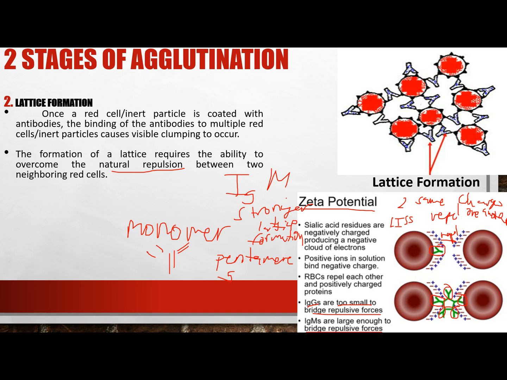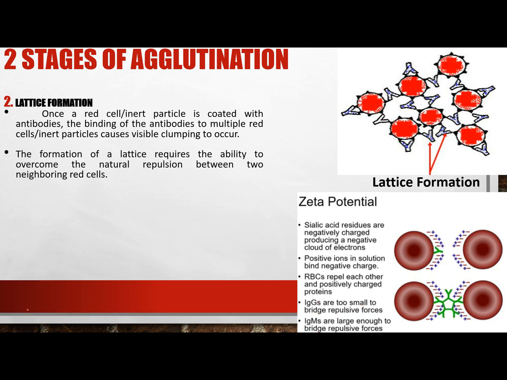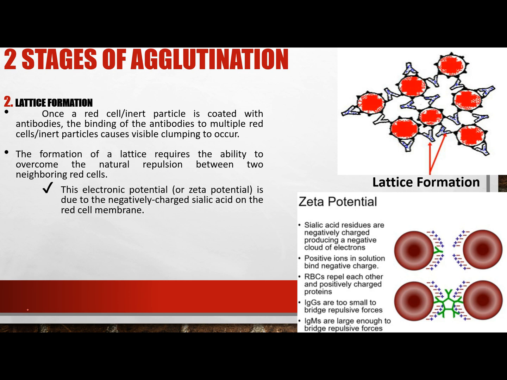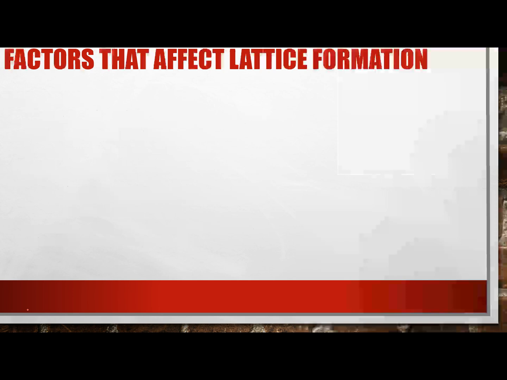Between IgG and IgM, IgM produces a stronger lattice formation due to being a pentamer, due to having a large size. Now, this electronic potential or zeta potential is due to the negatively charged sialic acid on the RBC membrane. In a saline solution, the zeta potential also depends on the ionic cloud that surrounds the RBC.